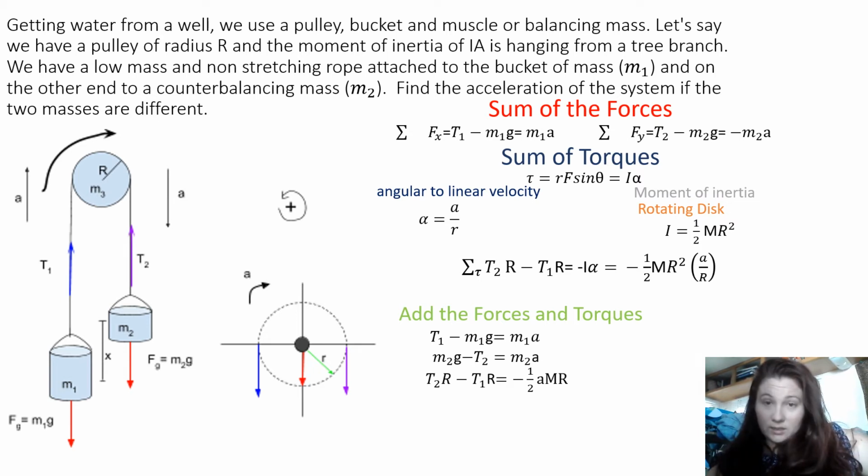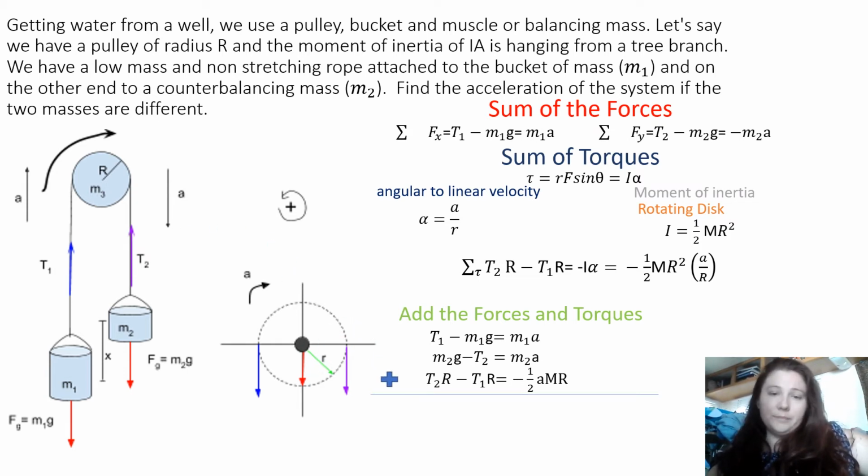And now we've got the sum of the torques. So tension 2 times the radius minus tension 1 times the radius is equal to negative 1/2 the acceleration times the mass times the radius. I canceled out one of the radius because we had an r as a fraction. So there you go.